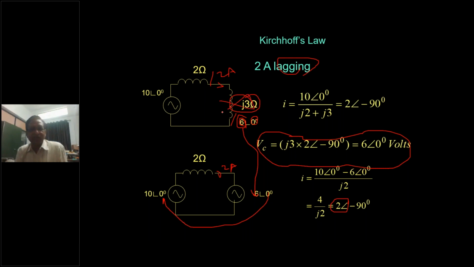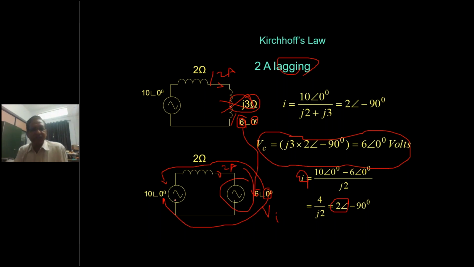Now I don't connect the inductor, but I connect one more source, which is known as Vi. What is the condition? It is in phase with the supply voltage. So that time the current is a lagging current. What is the condition?